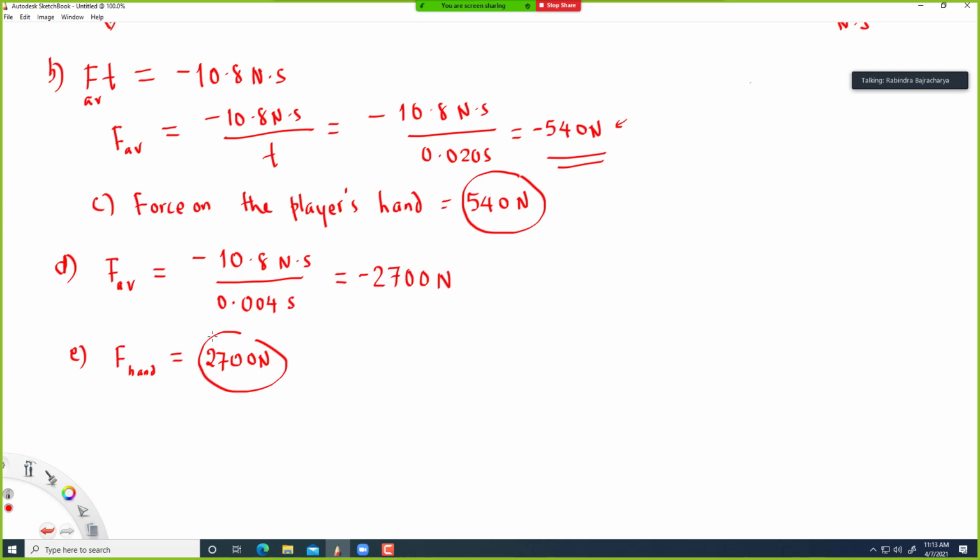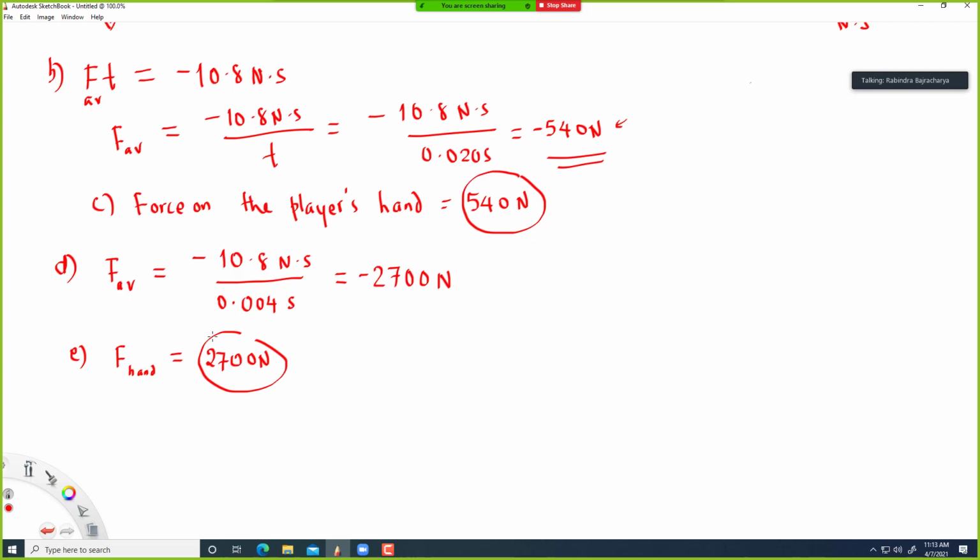Which one do you think the player would prefer to stop the ball, by taking a longer time or a shorter time? If you were to catch a ball, which way would you prefer? Longer time. Why is that?